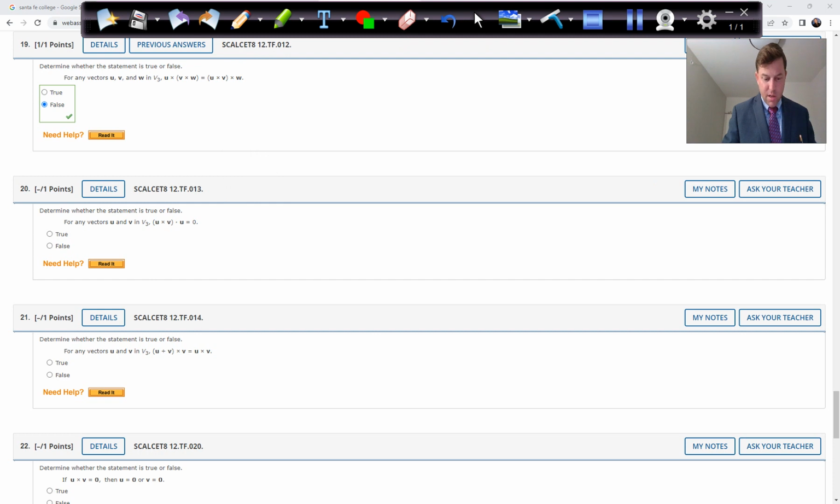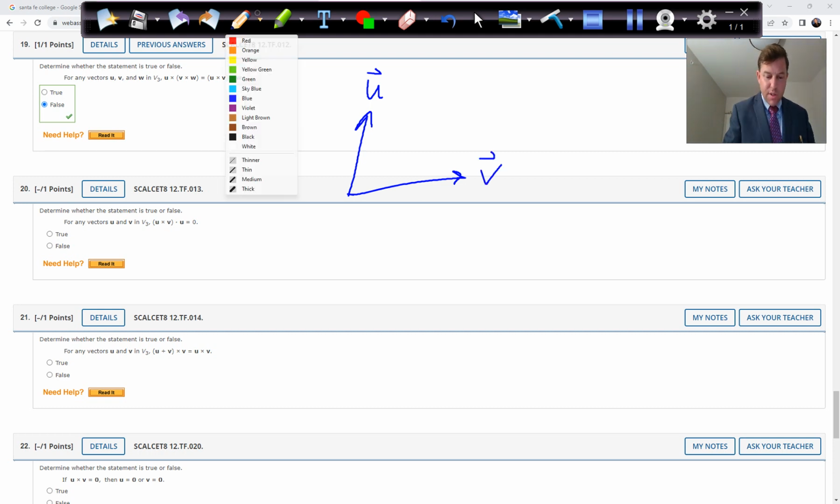If you have vectors u and v, the cross product produces a vector that is orthogonal to both. Orthogonal means that it is at a 90-degree angle to both vectors. So it's a 90-degree angle with u, and it's a 90-degree angle with v. You can kind of see that in 3 dimensions.